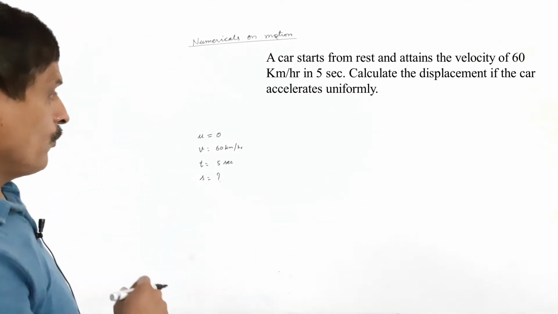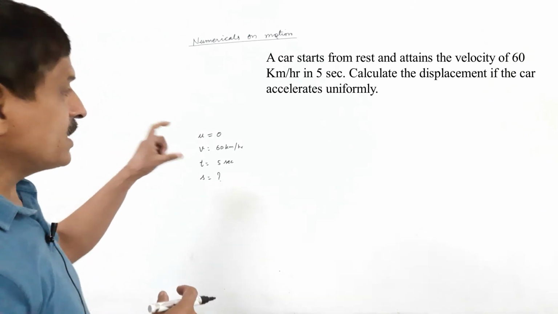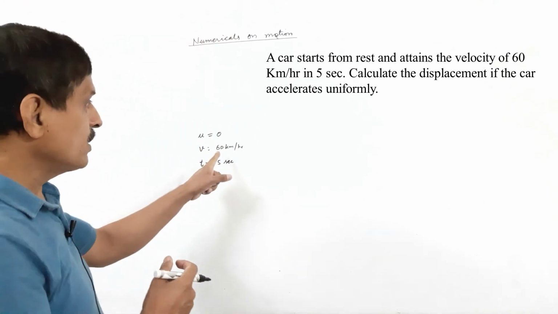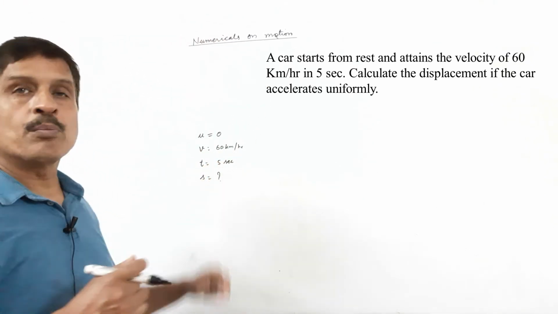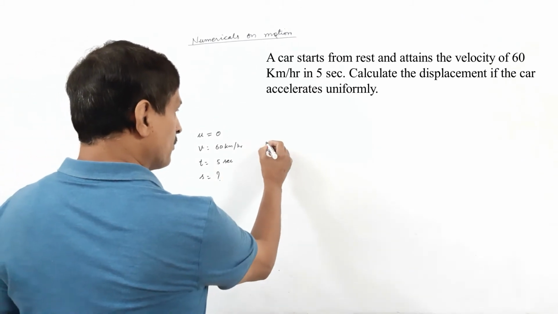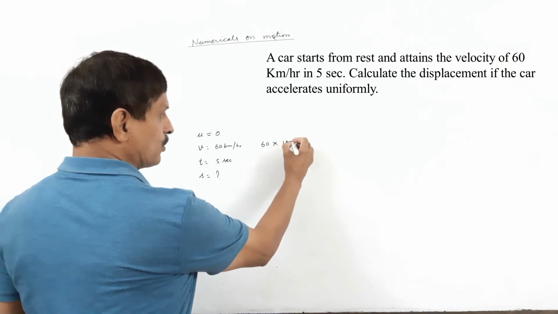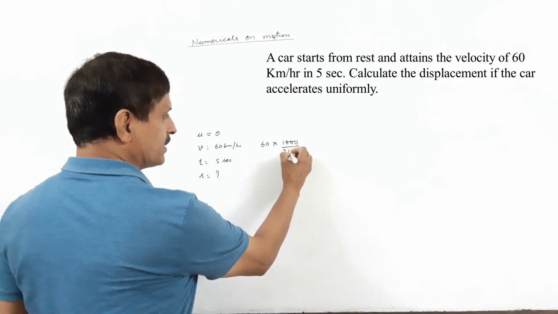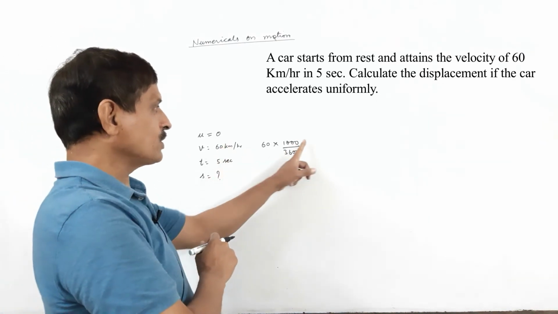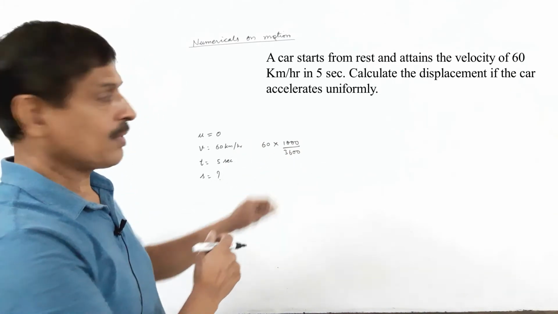First of all, we have to observe the units. Similar units are required to solve the numerical problems. So we have to convert 60 km per hour into meter per second, and it can be done by multiplying 60 km per hour by 1000 upon 3600, because 1 kilometer is equal to 1000 meters and 1 hour is equal to 3600 seconds.